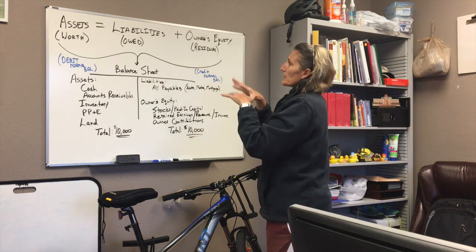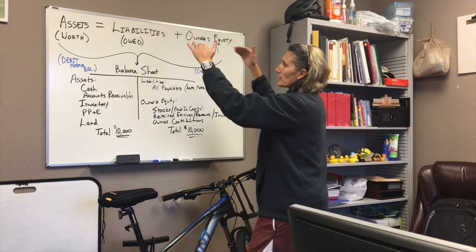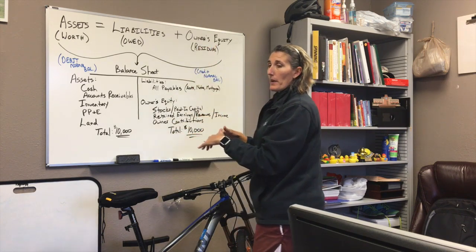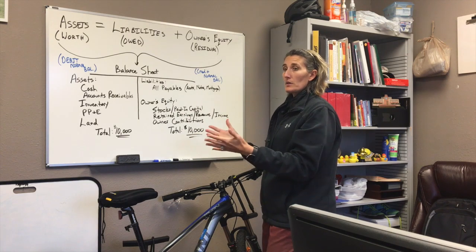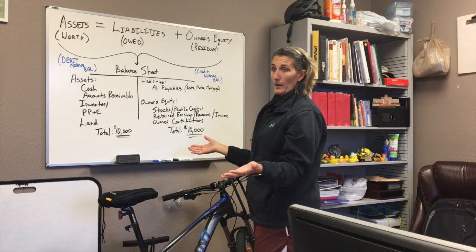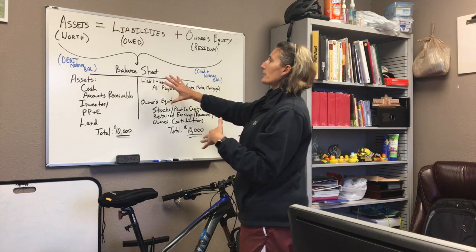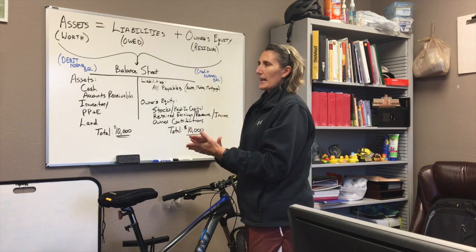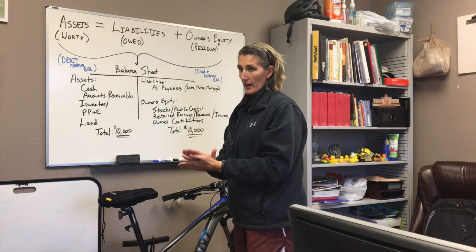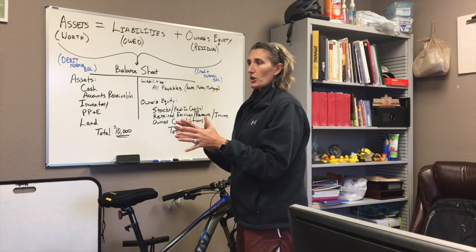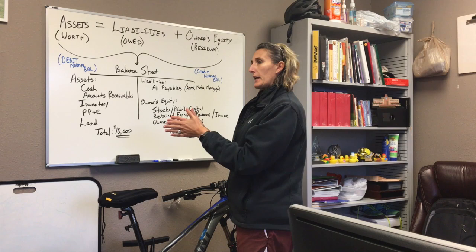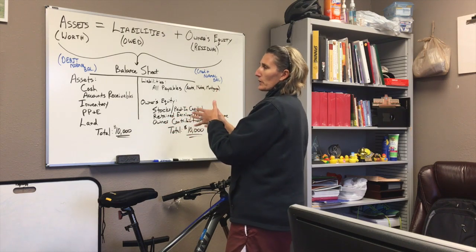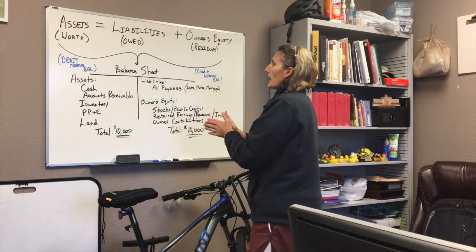So how all of these are tracked? They funnel down into the balance sheet. And the balance sheet is probably the most important financial statement of any company, because the balance sheet shows where the company stands at any given point in time. Okay, so it shows what the value of the company is, shows what their liabilities are, how much they owe.